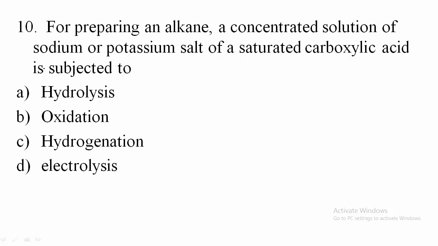10th, for preparing an alkane, a concentrated solution of sodium or potassium salt of saturated carboxylic acid is subjected to. So to prepare alkanes, we have studied RCOOK. Upon electrolysis, it will give R-R.